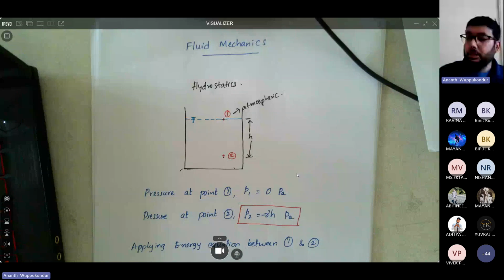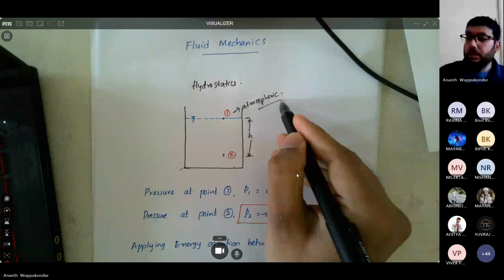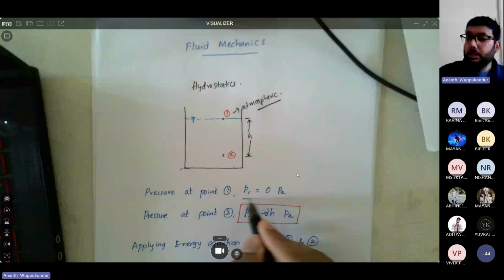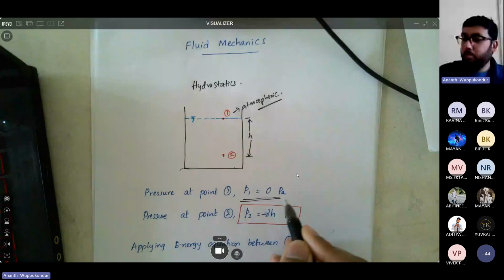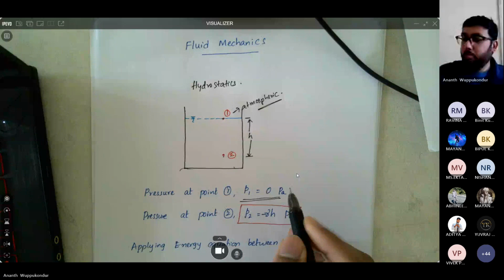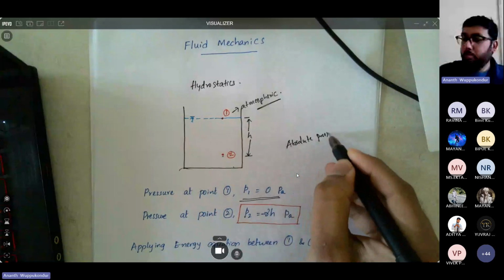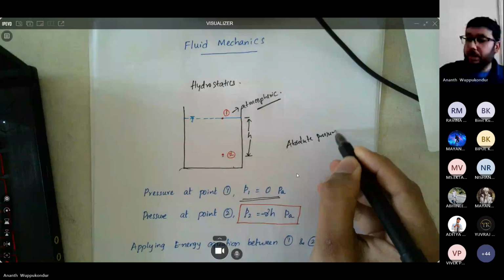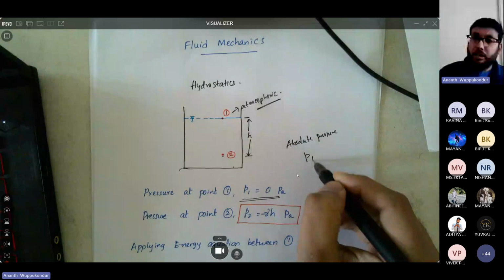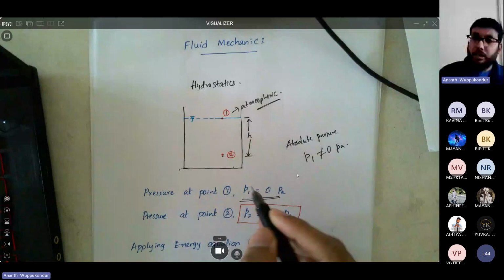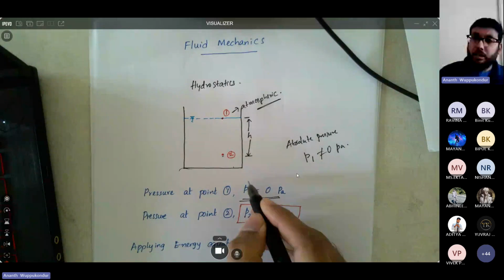If you talk about absolute pressure, then P1 is not 0. But we are talking about gauge pressure, so it's with respect to atmospheric pressure. Now at point 2, which is at a depth of h, the pressure is going to be gamma h.